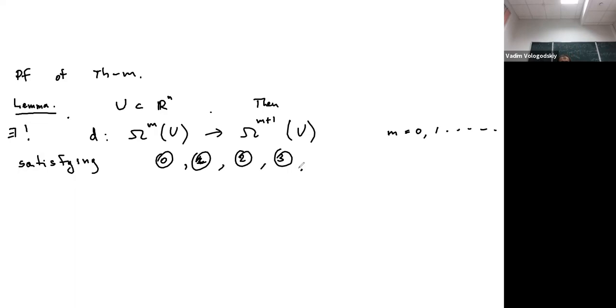So 0 means that d takes sum to sum. 1 means that the Duran differential of a function is its derivative. 2 means that d squared is 0, and 3 is the Leibniz formula. The proof is, well, so first of all, uniqueness.